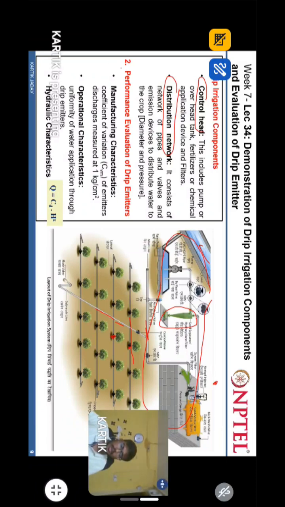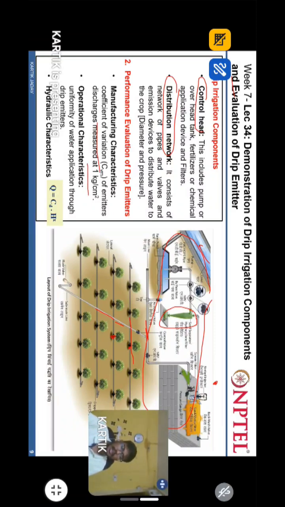Then we also need to evaluate the drip emitters, right? For evaluation of drip emitters, we have shown various characteristics, starting with manufacturing characteristics, operational characteristics, and hydraulic characteristics. For manufacturing characteristics, we generally deal with the coefficient of variation at a pressure of 1 kg per centimeter square.